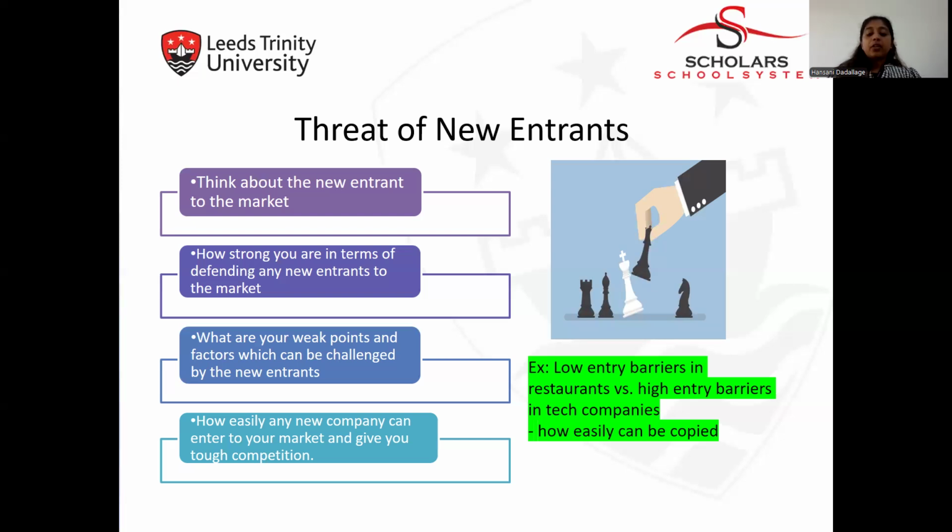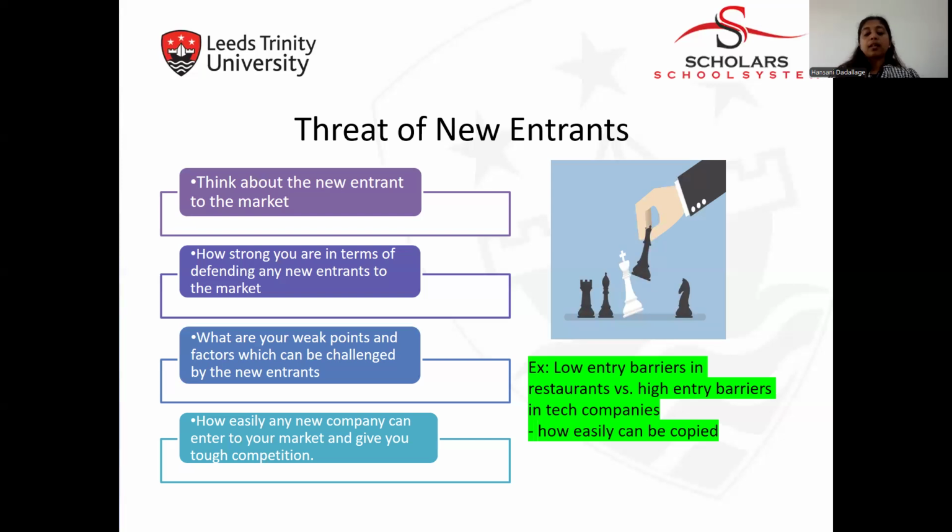Low entry barriers can be seen in the restaurant industry as an example, because it is easy for newcomers to enter the restaurant industry. But when it comes to the tech industry, we can see high entry barriers, because in technological companies, there need to be high investments or initial capital and also there are legal requirements to be met as well. So in that case, it is a little bit hard for new entrants to enter the market.